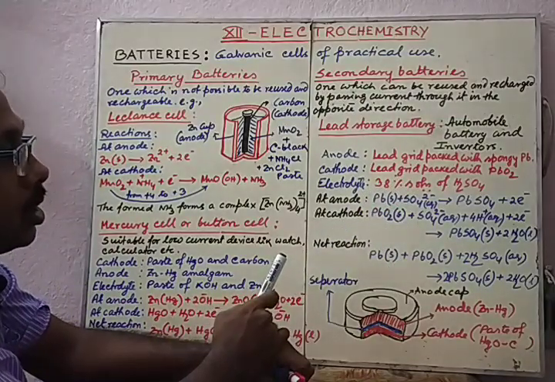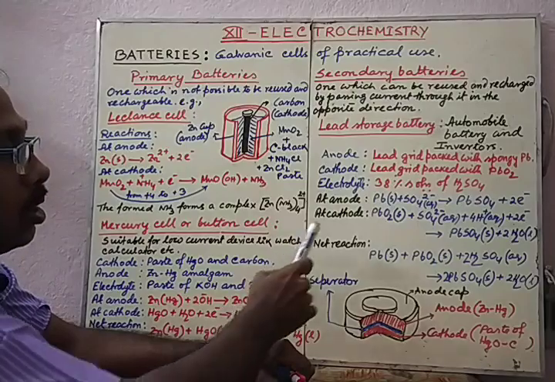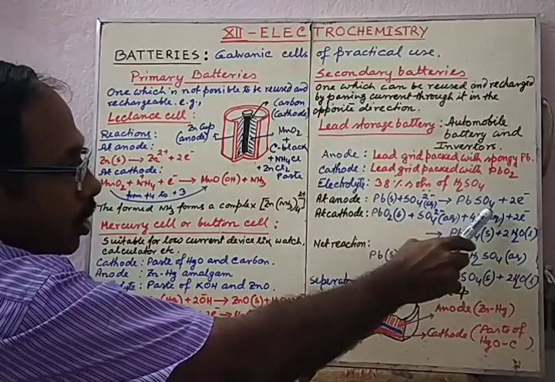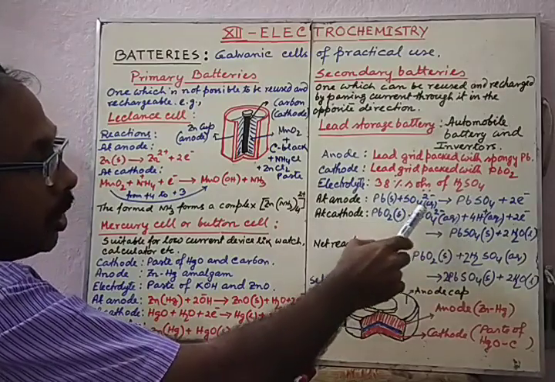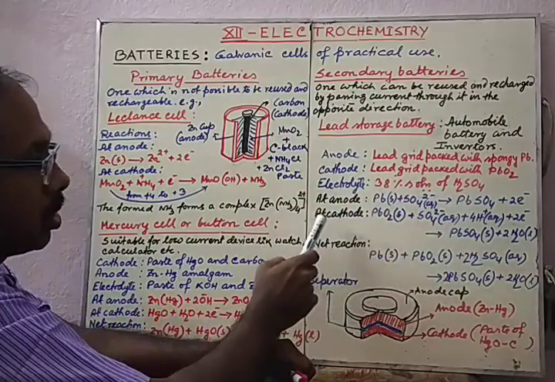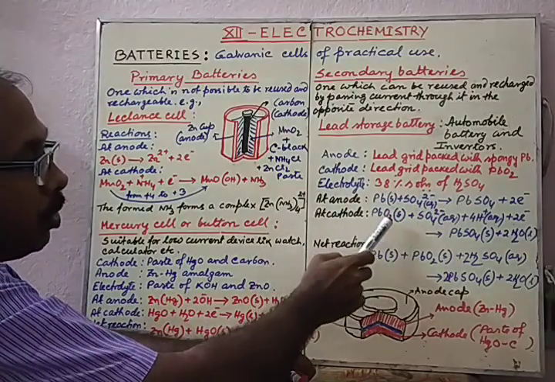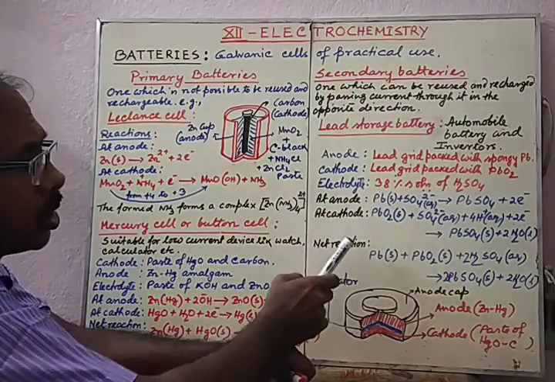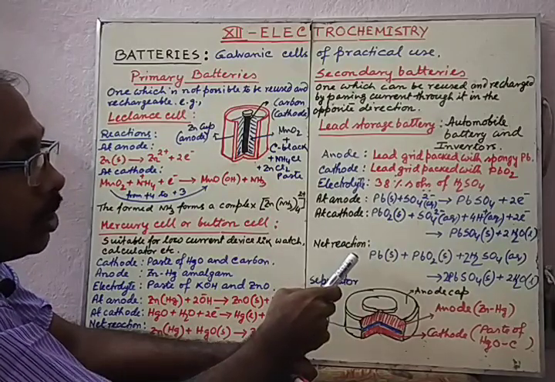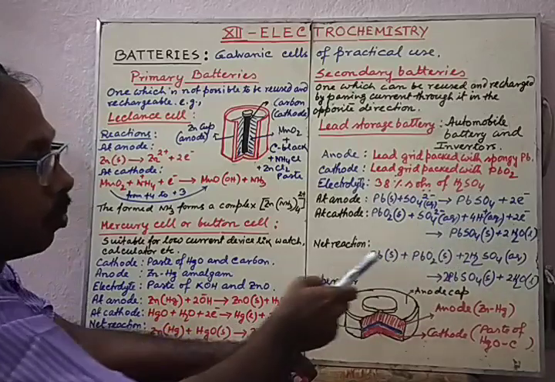The reaction that is taking place at the anode is the metallic lead being oxidized to form PbSO4 in the presence of sulfate ion. It is oxidized from Pb0 to Pb2+. At the cathode, PbO2, in which lead is in the +4 oxidation state, gets reduced to form PbSO4, Pb2+.